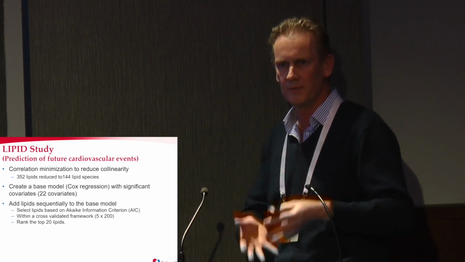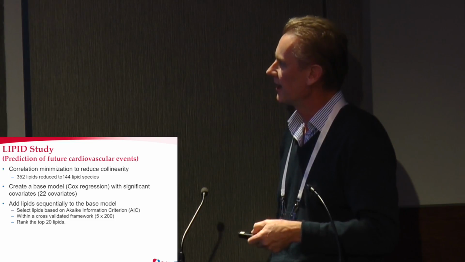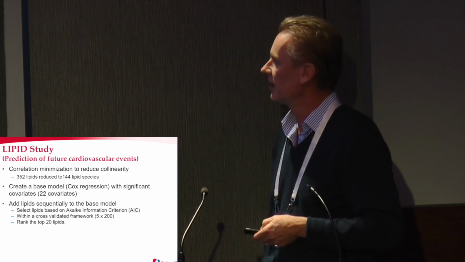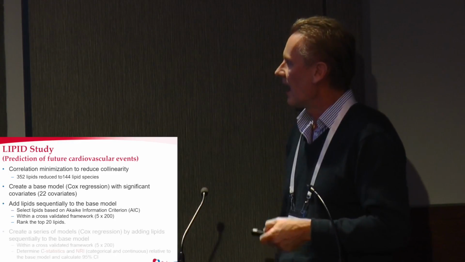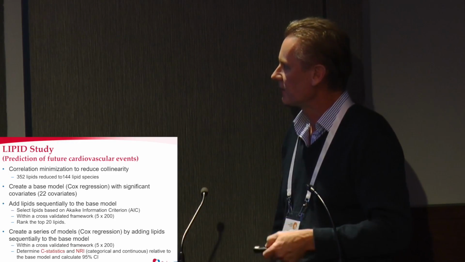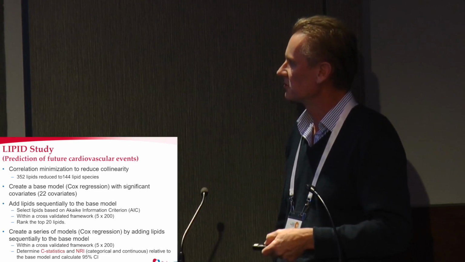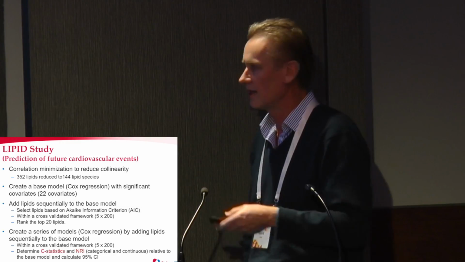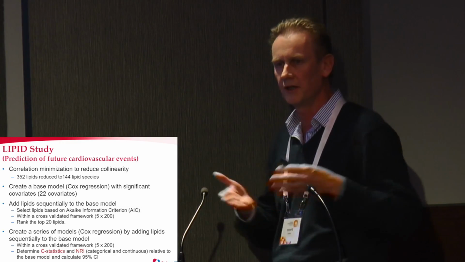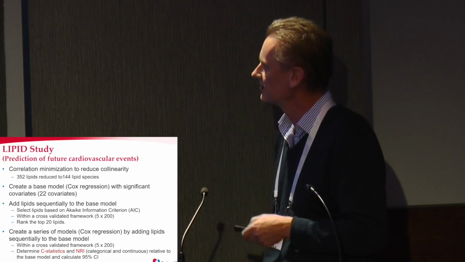We add these lipids sequentially to our base model, and we use the Akaike information criterion to select those lipids. Then we get a ranking of the top 20 lipids, and we come back and create a new series of models and use these models to determine C statistics and the net reclassification index. And so we can assess the performance of the lipids on top of these traditional risk factors.